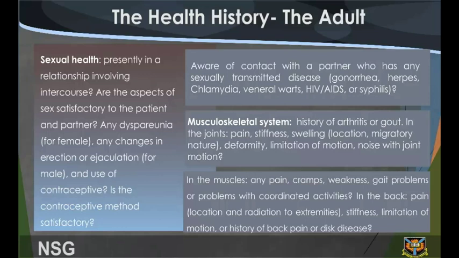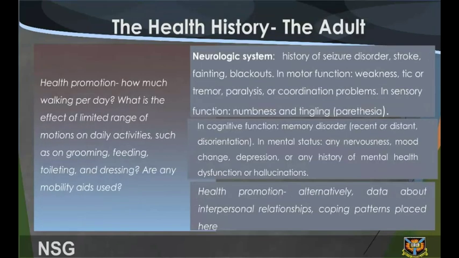In the muscles, any pain, cramps, weakness, gait problems, or problems with coordinated activities. In the back, pain location and radiation to extremities, stiffness, limitation of motion, or history of back pain or disc disease. Health promotion: how much walking per day?